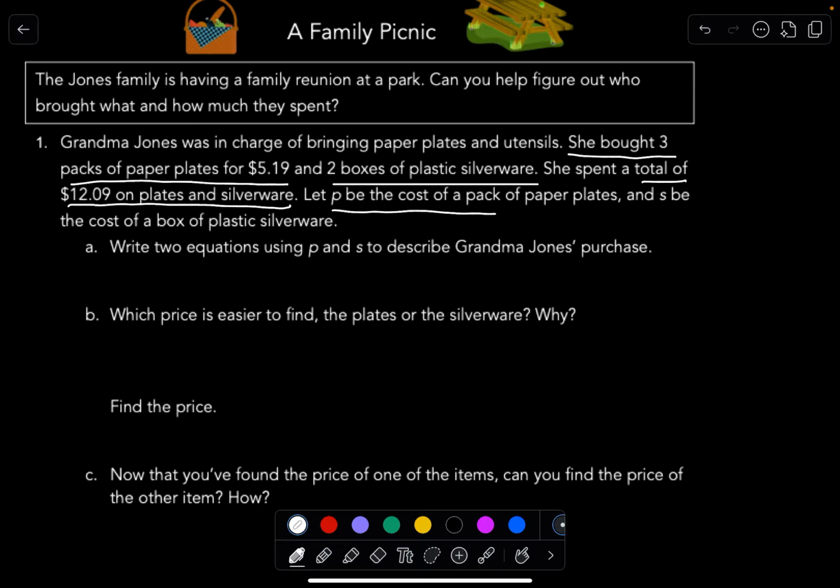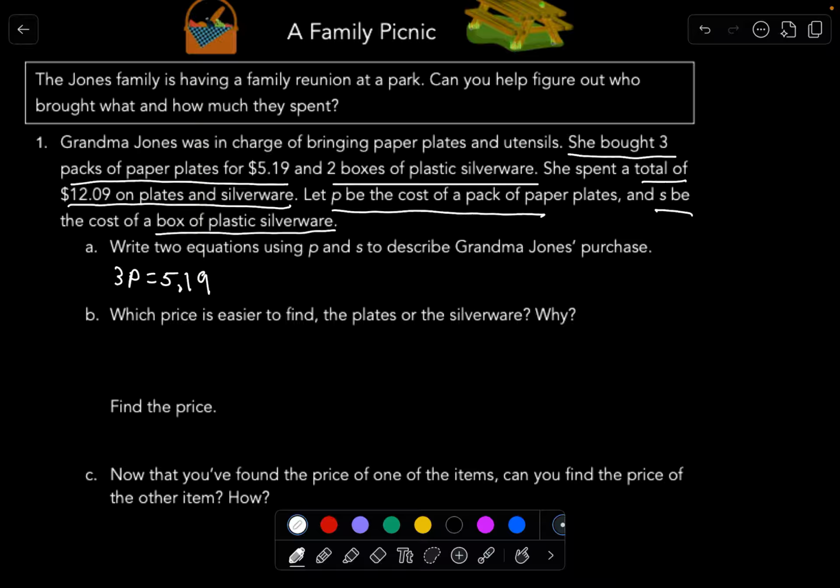They say let P be the cost of paper plates and S be the cost of a box of plastic silverware. Write 2 equations using P and S to describe Grandma Jones's purchase. Well, the first statement, she bought 3 packs of paper plates for $5.19, gives us this equation, pretty straightforward: 3P equals $5.19.